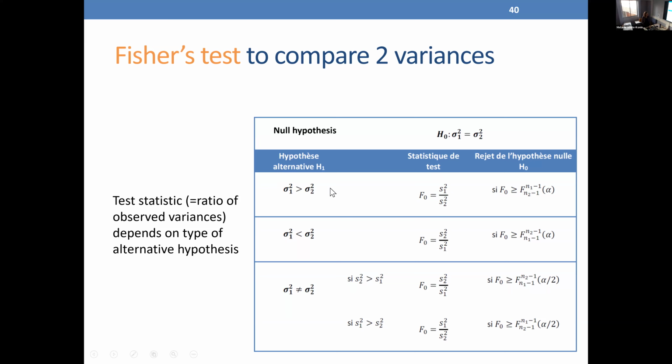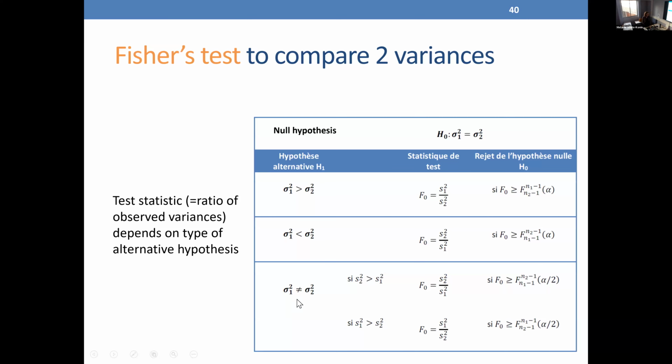So if your alternative hypothesis is that sigma1 squared is greater than sigma2 squared, remember this is the null hypothesis, this is the alternative hypothesis, then you put the corresponding estimated variance on the top, the numerator. If the alternative hypothesis is one-sided this way, with sigma1 squared less than sigma2 squared, then you put this S2 squared on top.